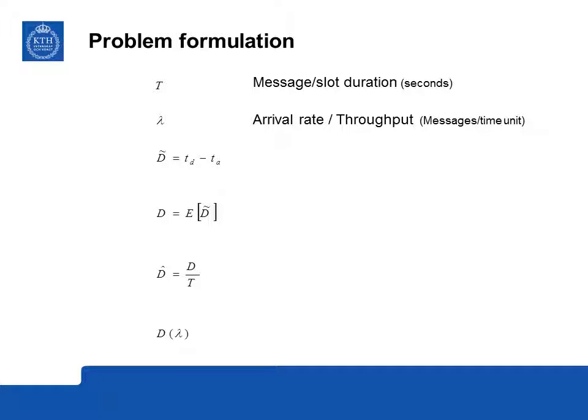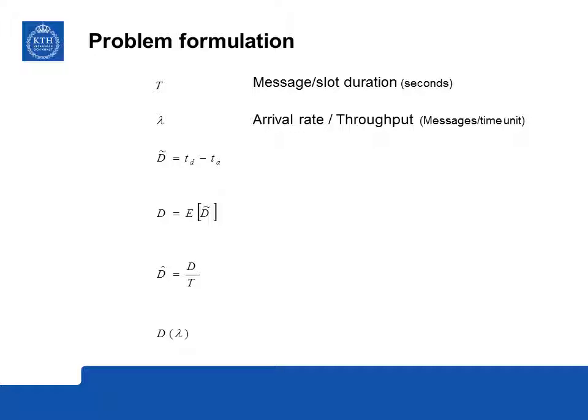Next we look at the arrival rate, lambda. We will both look at the individual arrival rate from each source, that will be denoted by lambda index i. But lambda without index means the total arrival rate of messages to the system. In a stable system, that is a system where messages do not accumulate in the buffers of the transmitters, the rate of departure at the receiver will be the same as the rate of arrival.